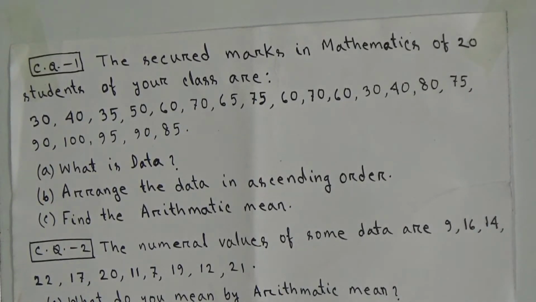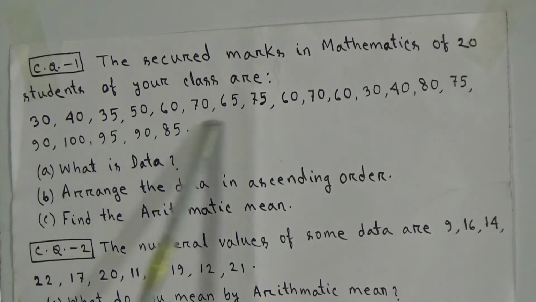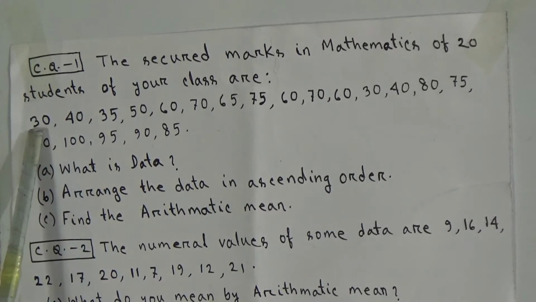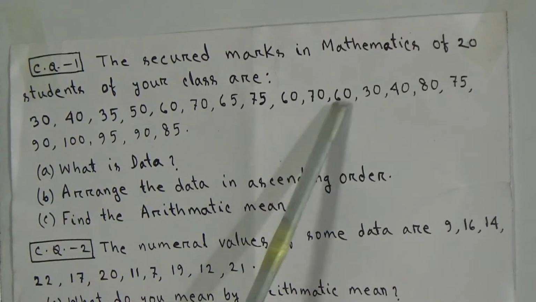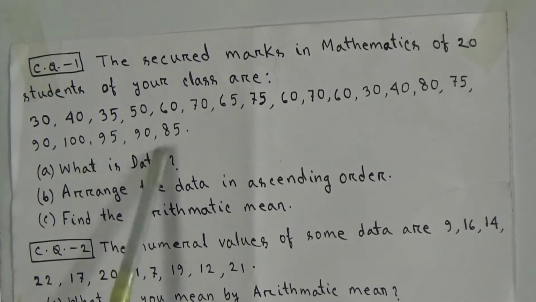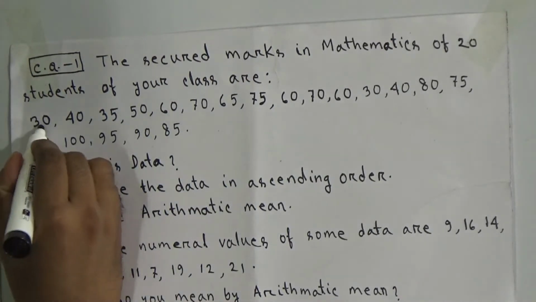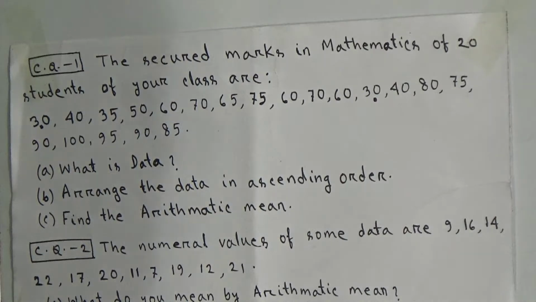You know that ascending order means smaller to greater. At first we have to write the smallest number. Here among the numbers, 30 is the smallest number, and 30 is written 2 times. So we will write 30, 30 at first.